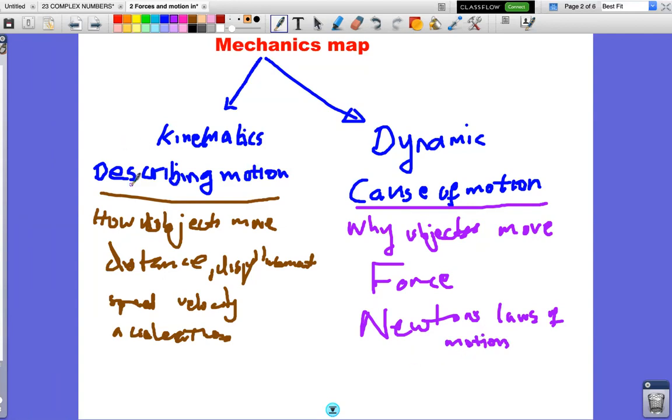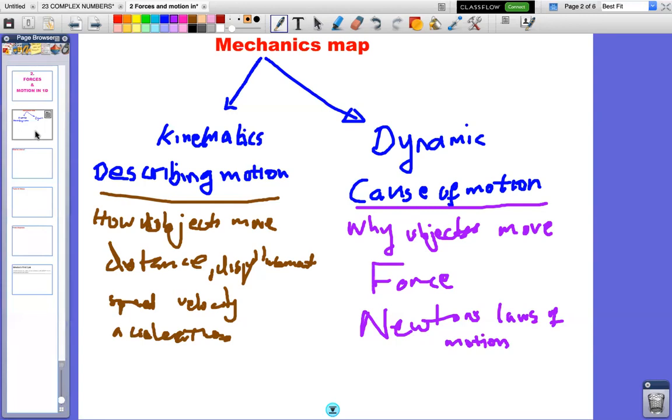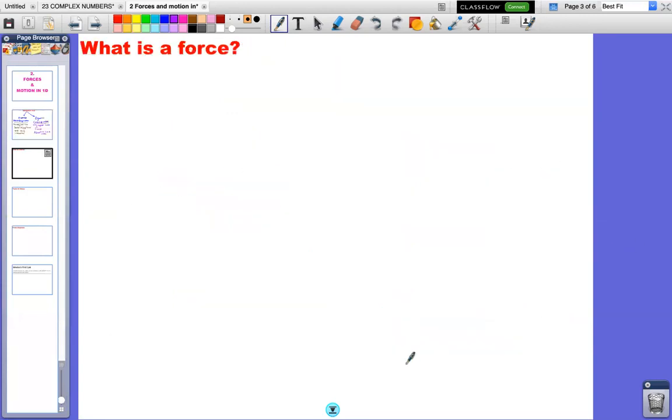Okay? Are you guys there? Yes. Okay, so it's good. I just decided to present this map so it gets into your memory how we are going to deal with these things. So, force.